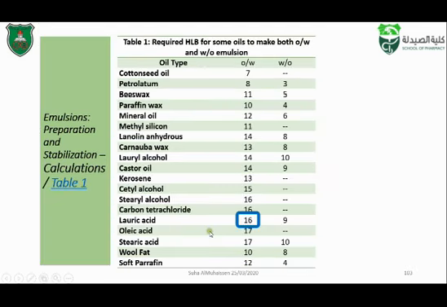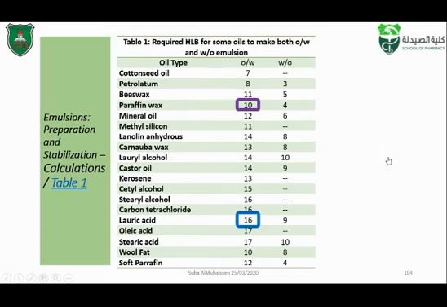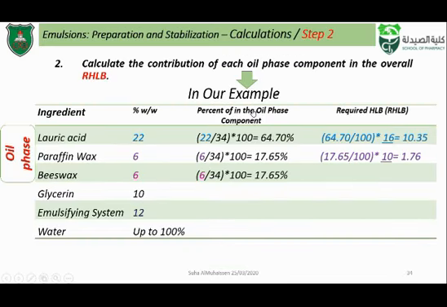And 16 is lauric acid's required HLB to form an oil and water emulsion. Paraffin wax contribution is equal to its fraction times the required HLB of paraffin wax to form an oil and water emulsion, which is equal to 10.